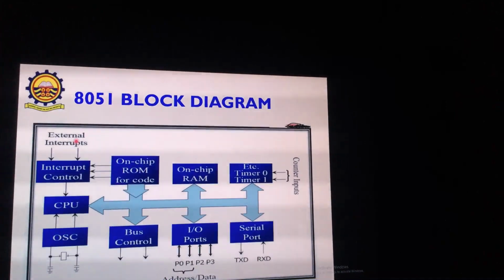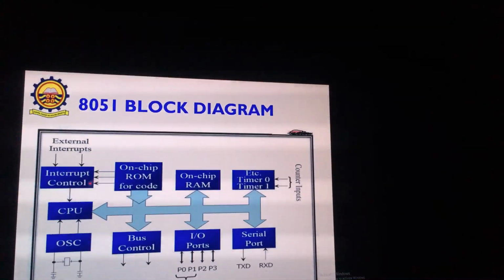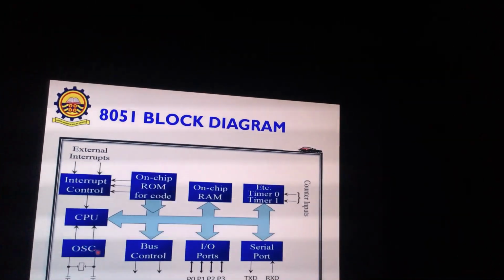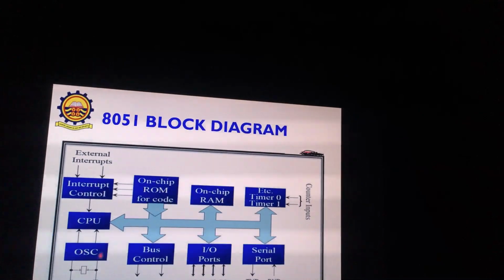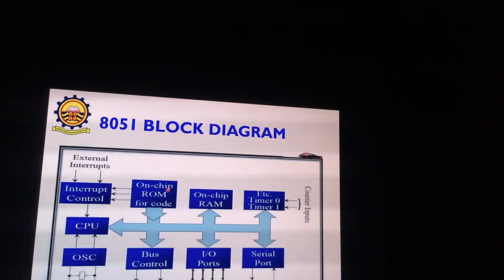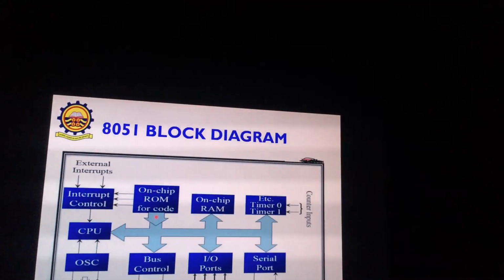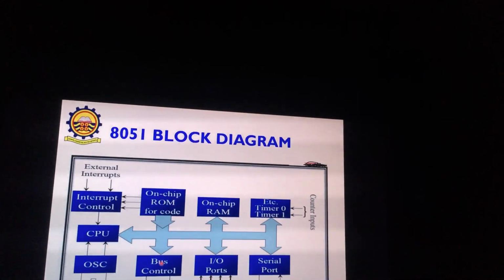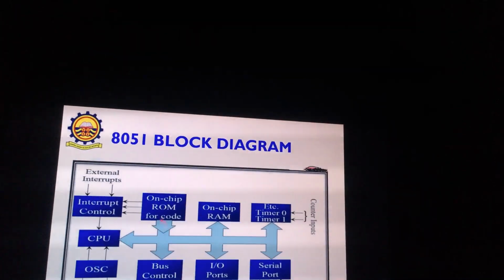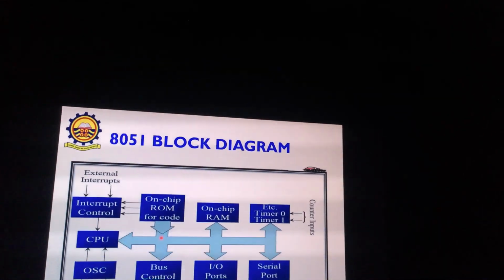We have the external interrupts, the interrupt control, then the CPU, and the oscillations are controlled at this point. The on-chip ROM is for code, and the bus controls are used to control the various signals that we are receiving.